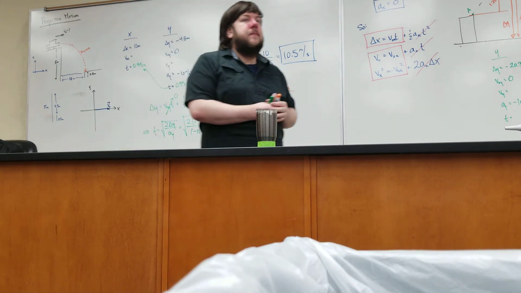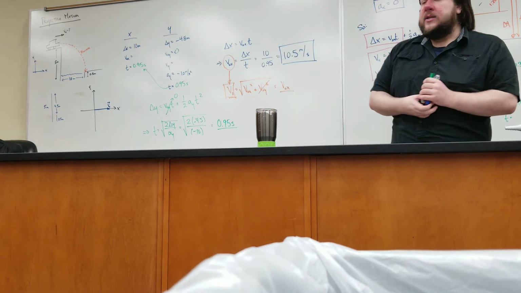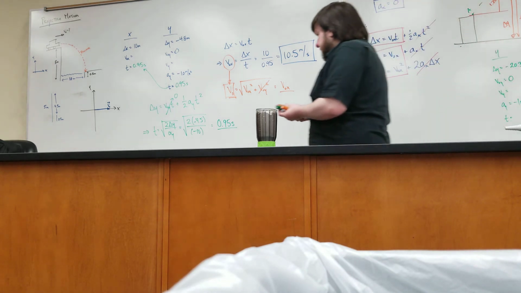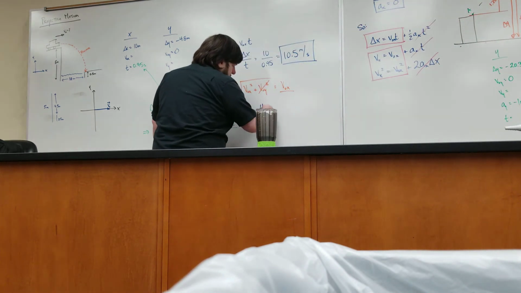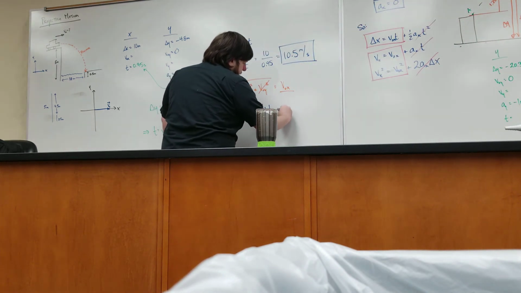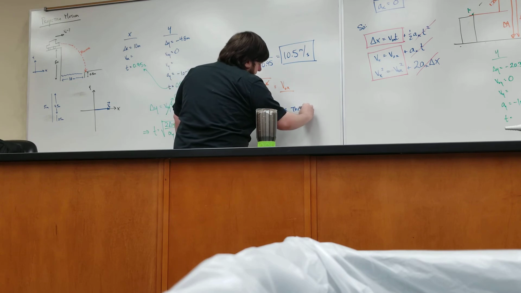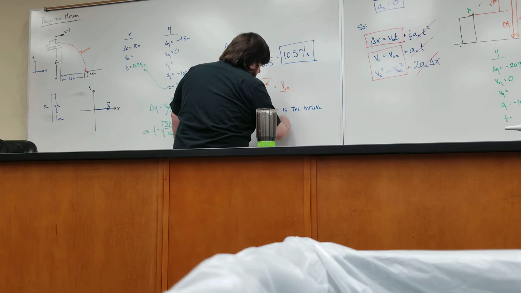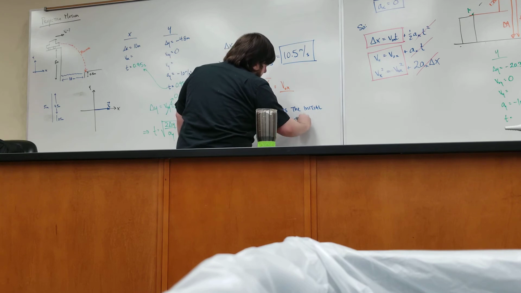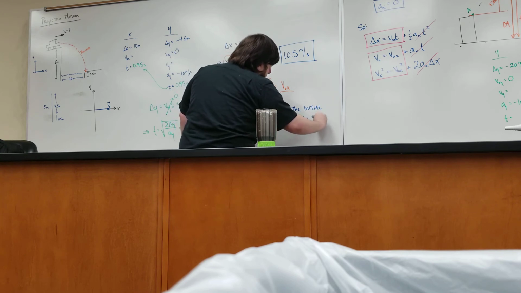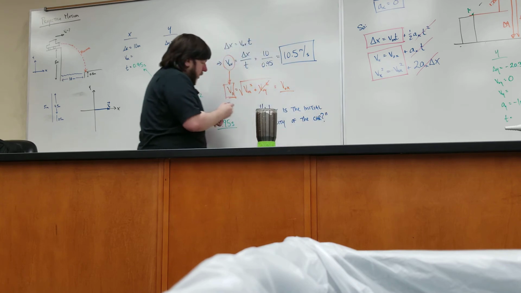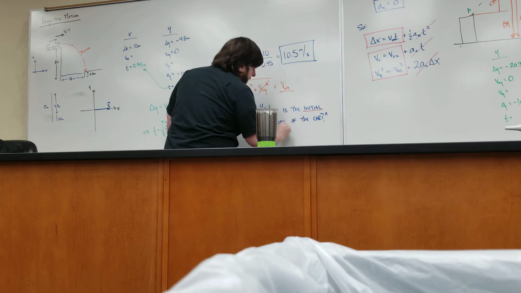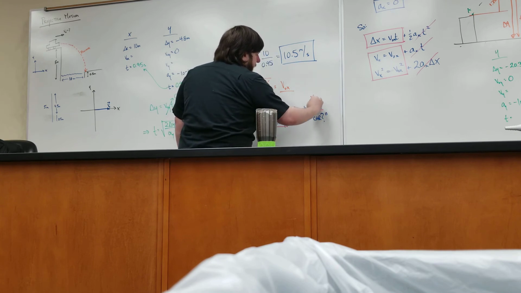What was your question? Okay, so you have to assume that in the wording of the problem. If the problem says, what is the initial velocity of the car, you are assuming that this initial velocity right here is v naught.